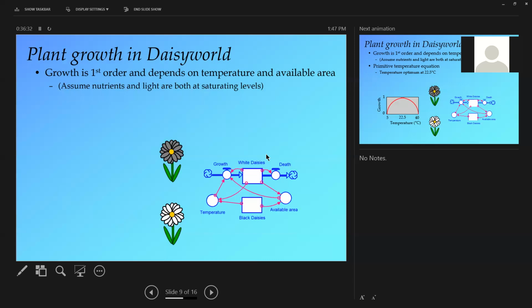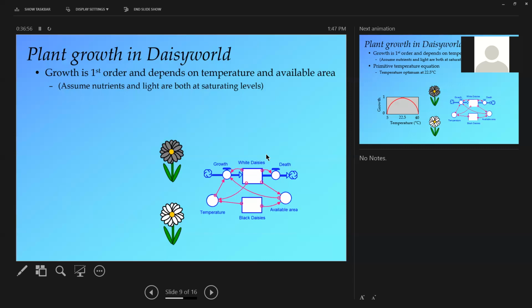But the one additional factor we're considering in their growth is the temperature of their environment. The temperature at which they're growing is going to affect how fast they grow. They've got some optimal temperature at which they grow fastest, and if it's cooler than that or warmer than that, they will grow at a slower rate.